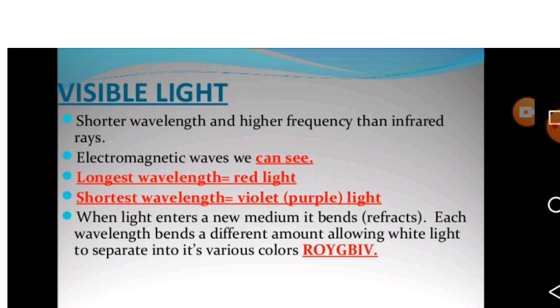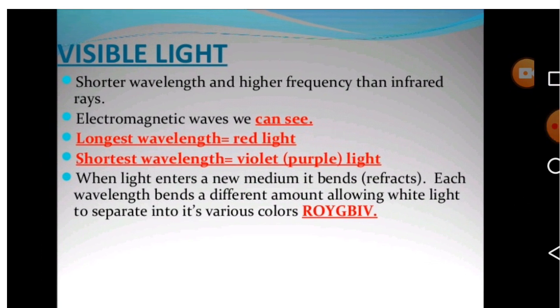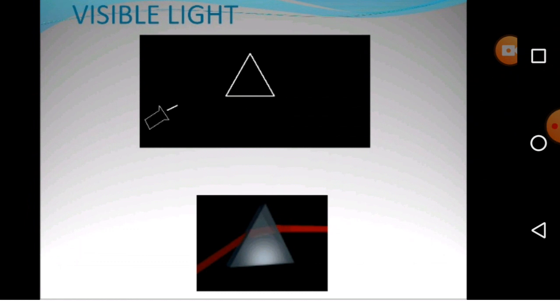Next, visible light, with shorter wavelength and higher frequency than the infrared rays. These are electromagnetic waves we can see. This is visible light, whatever we see in day-to-day life, whatever appears in front of our eyes, is nothing but visible light.